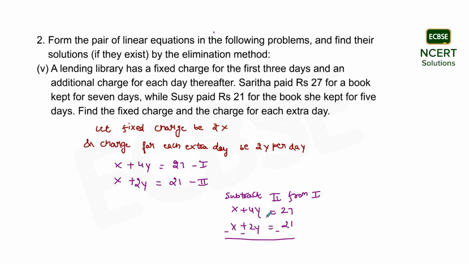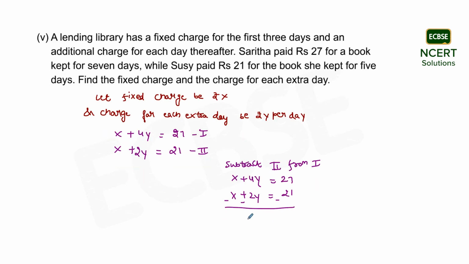Now adding them, we will obtain 2y is equal to 6, or y is equal to 6 by 2, which is equal to 3. So this is the value of y, that is, the charge for each extra day is rupees 3 per day.